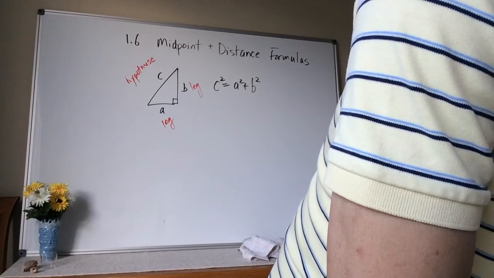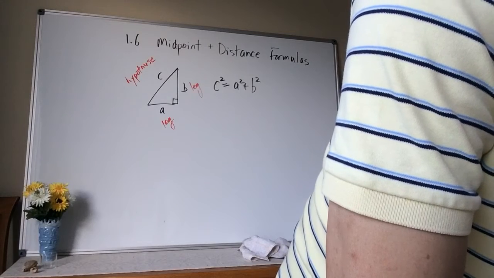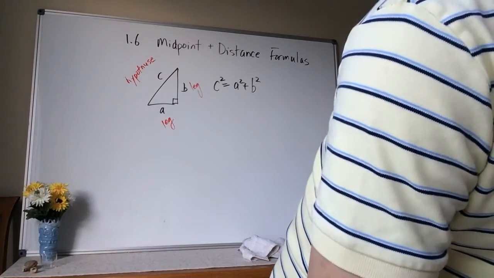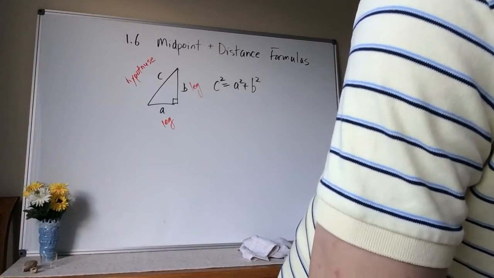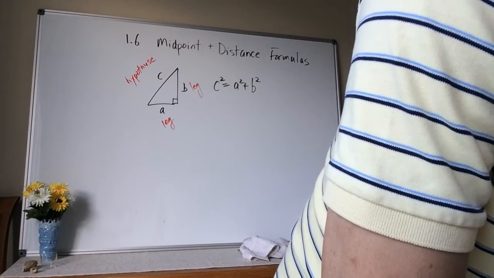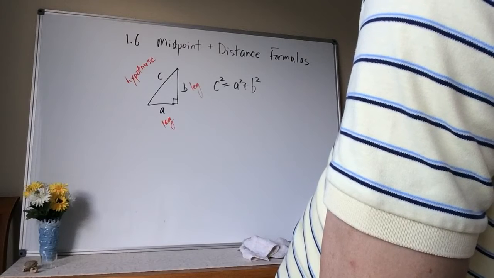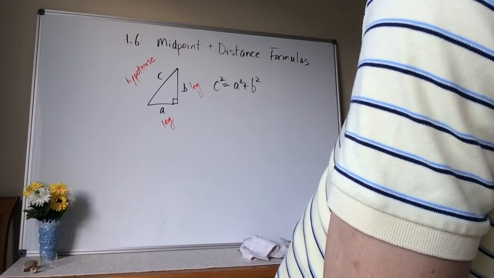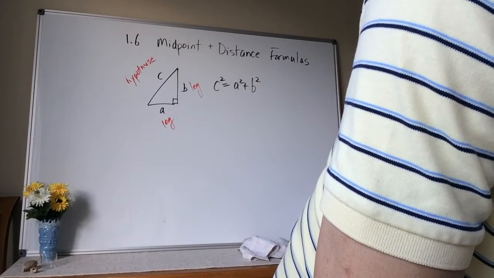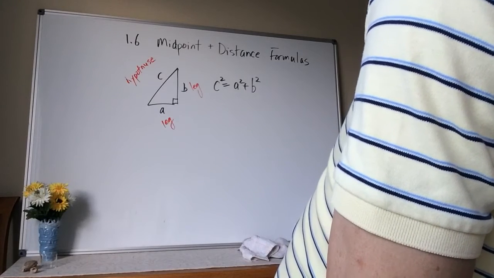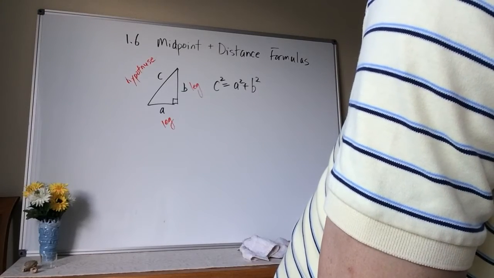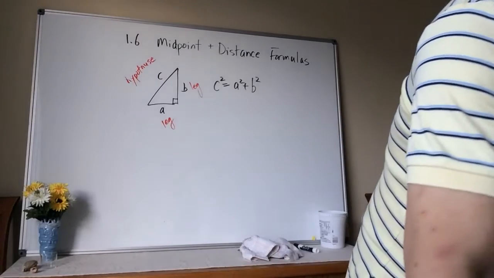Example number 4. Okay, so we're trying to find the hypotenuse of this triangle. We can read off the two legs here. The two legs, so A looks like it's 5 because it goes from 2 to -3. Well, it's 2 to -2, I'm sorry, so it's 4. Then the leg B is 2 to 3, so it's 5.